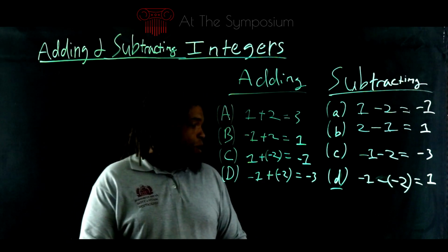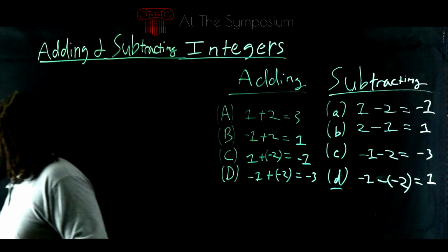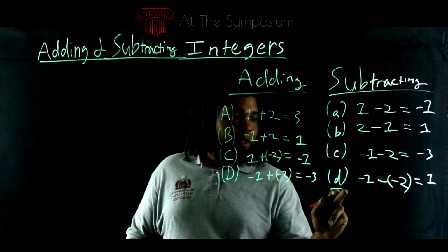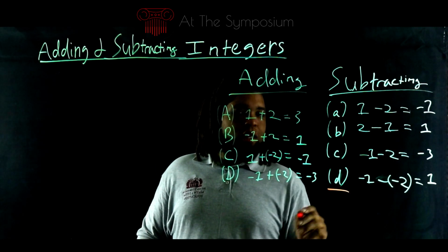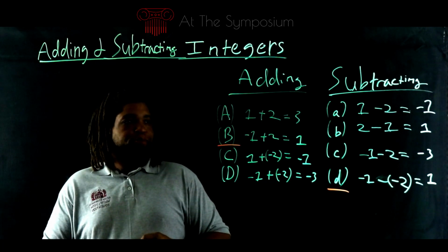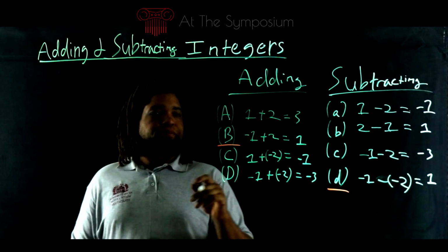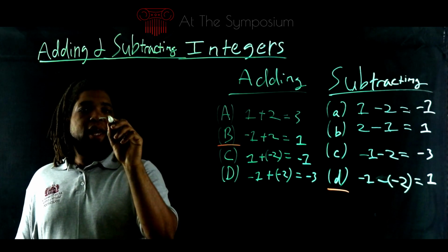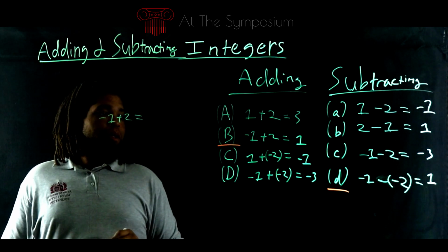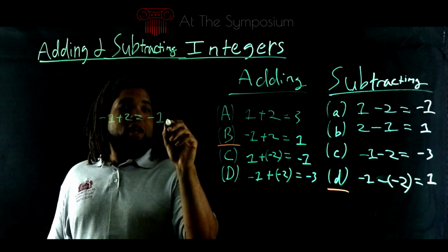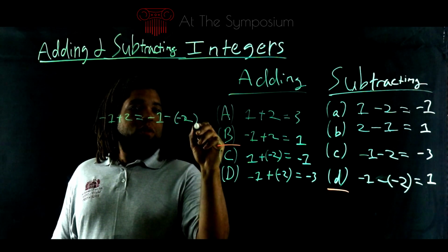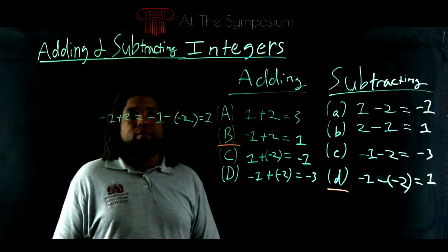Okay. So D, let me just get another color here. D and B are equivocal. So we have negative 1 plus 2 is equal to negative 1 minus negative 2, which equals 1.